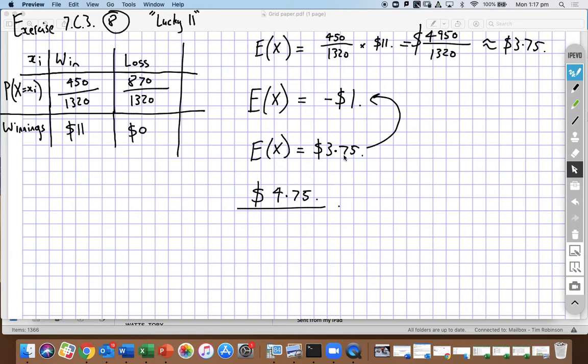So they need to charge you $4.75. So you start this game with paying $4.75. You only get $3.75 on average, right? You probably have to play the game 100 times for that to happen. And so then on average, you would lose $1 per game, right?